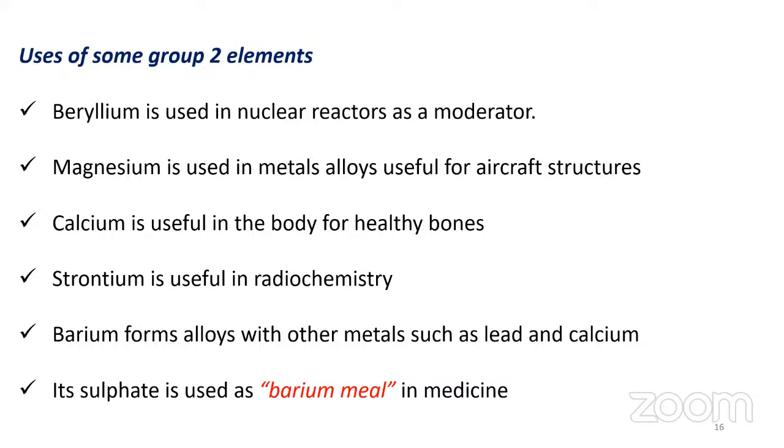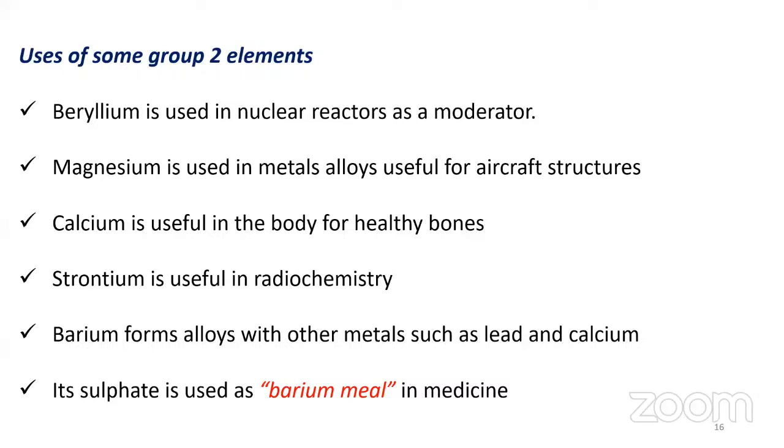Calcium is useful in the body for healthy bones. Most times when you have a bone problem, they give you calcium to drink. Your strontium is used in radiochemistry. Your barium, I've already told you, forms alloys with other metals such as lead and calcium, and is used as your barium meal, that is barium sulfate, used in medicine for stomach ulcers.